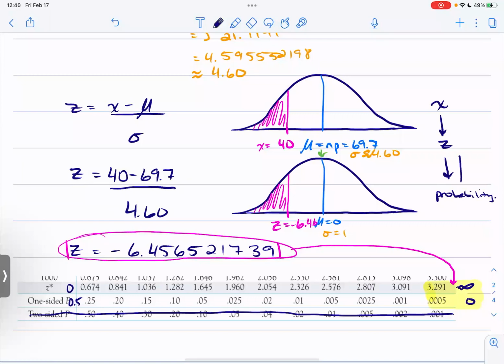Or you can move the other direction. I give you a probability, right? What number of students are in the 10th percentile or something like that, but you need to find Z before you can find X. So it's a gateway in both cases.